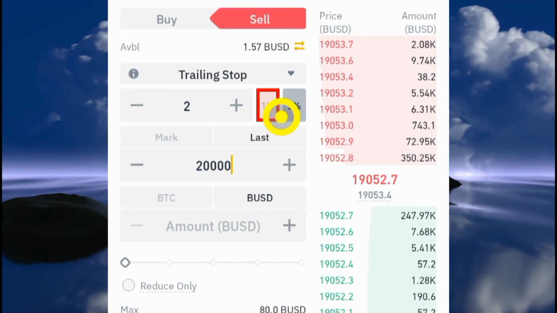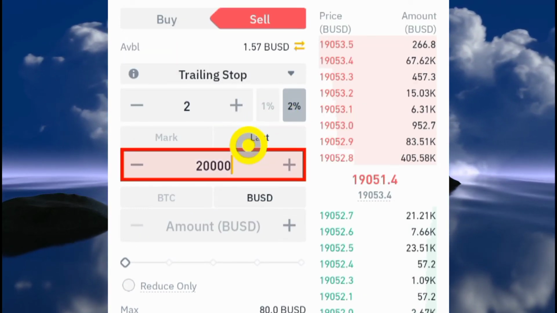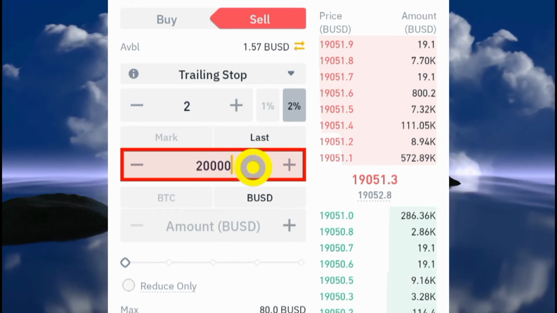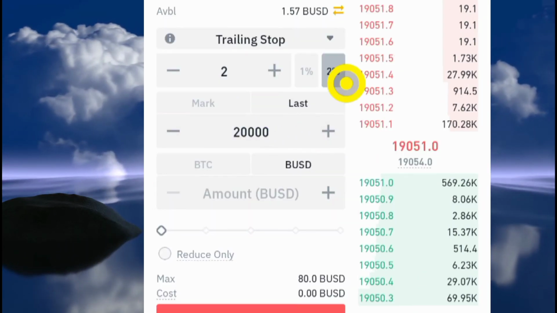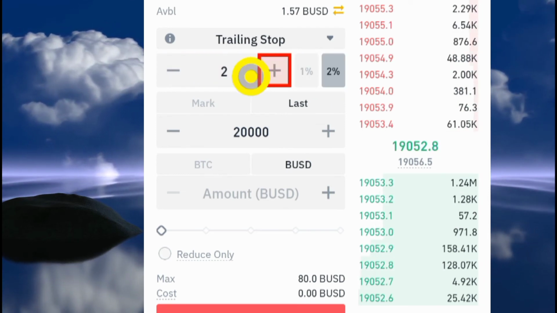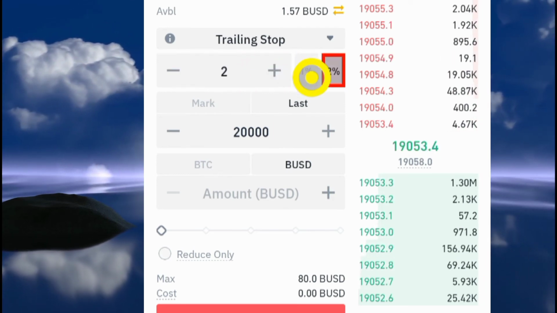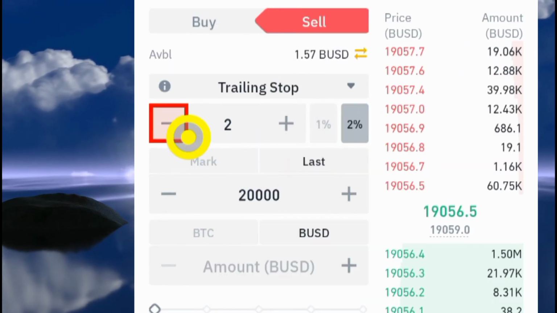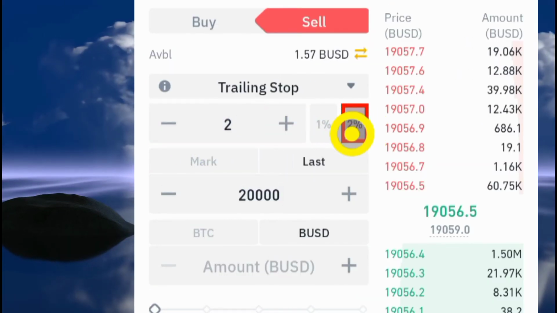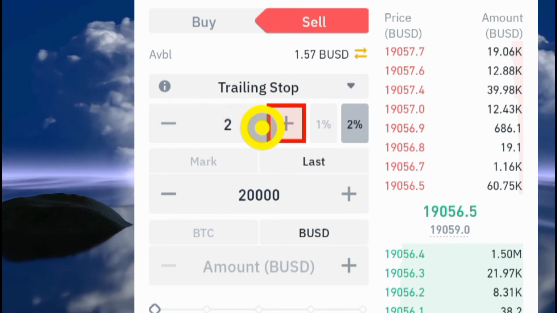What this means is that if the price of Bitcoin decides to pull back a little bit, that is, if it drops a little bit, the callback rate would be waiting to catch it at exactly 19,600, as I showed you earlier. So if the price drops to 19,600, your order would be completely executed.